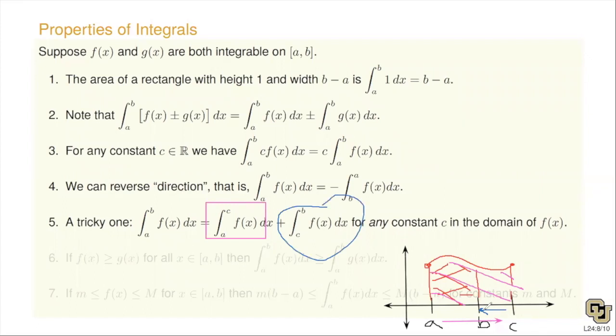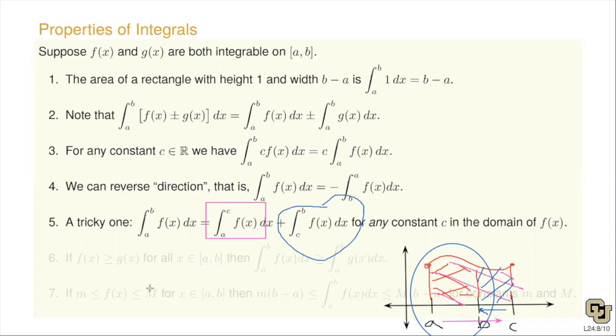When I do c to b, this integral will be negative. Here we've reversed directions. Here the bottom bound, when I go c to b, is bigger than the upper bound. And so here, this integral, when you go from c to b, will actually subtract this section off. And you see what we're left with is our original integral a to b.